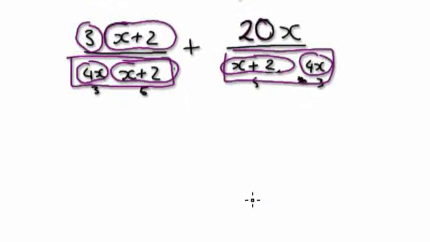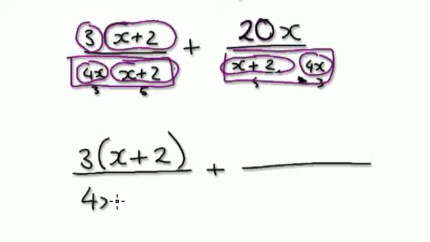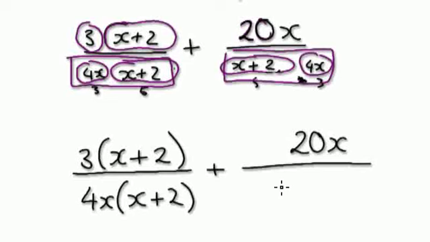Okay, hang on. So let me just tidy this up. So this would be 3 bracket 2x plus 2 here, and this would be 4x and then bracket x plus 2. Okay, on this side it would be 20x, and then here it will be bracket.